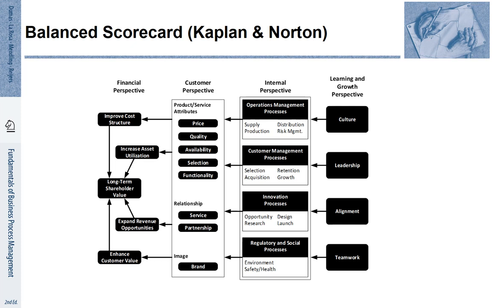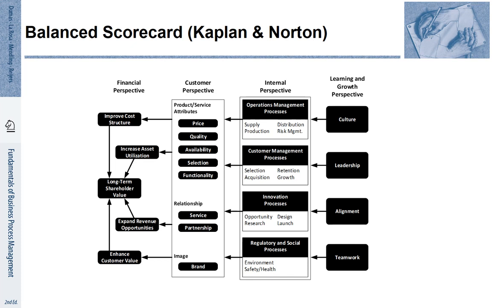That is the second pillar. Here you see that a company needs to reflect upon product and service attributes such as price, quality, availability, selection, and functionality. Also, the relationships with partners in terms of servicing are important, and the brand image.